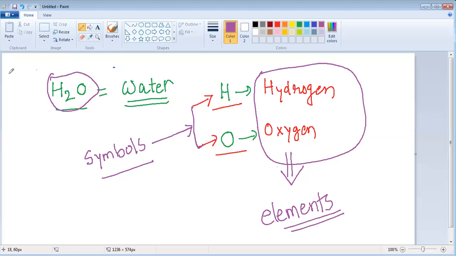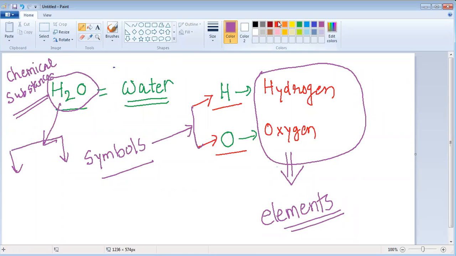Your H2O is a chemical substance. In this chemical substance H2O, we have two elements.